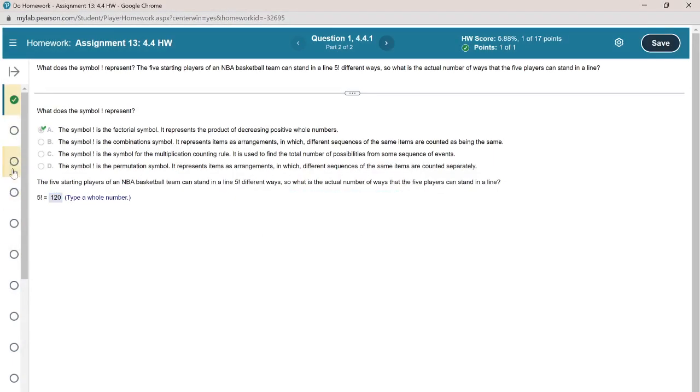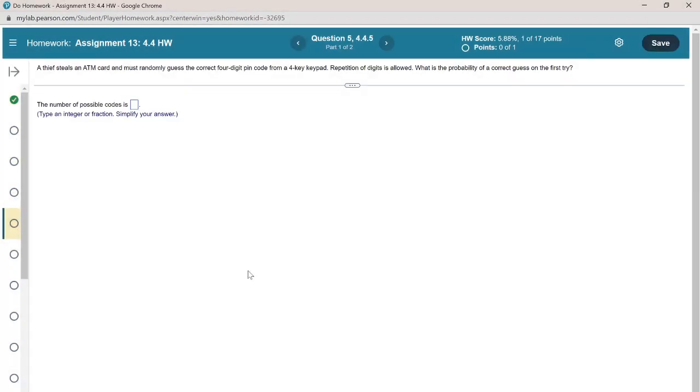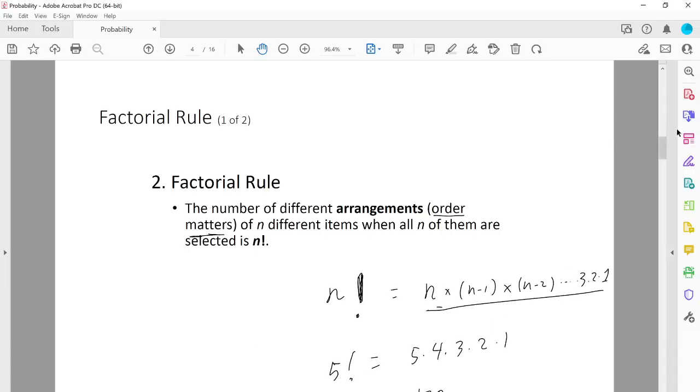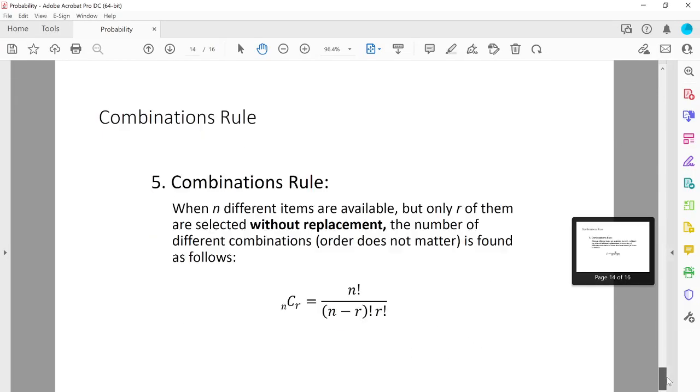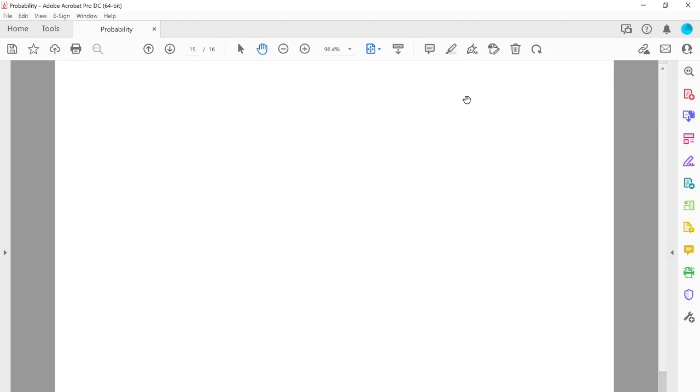Okay, so let's look at another example. A thief steals an ATM card and must randomly guess the correct 4-digit PIN code from a four-key keypad. So there are four keys, and the thief has to randomly guess a 4-digit PIN code. There are 4 digits, and for each of them there are 4 possibilities.